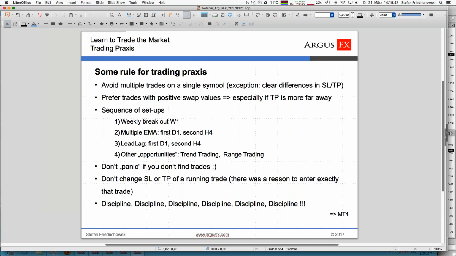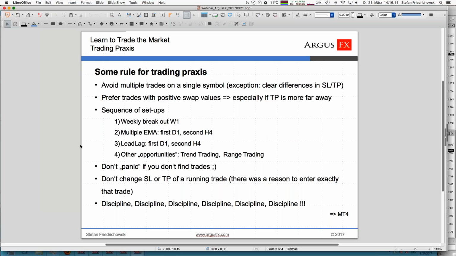So that is my sequence going through those setups, and finally if there's still time, then I go to just the charts, look for example for trend trading or range trading, those additional setups we have within our basket of setups.